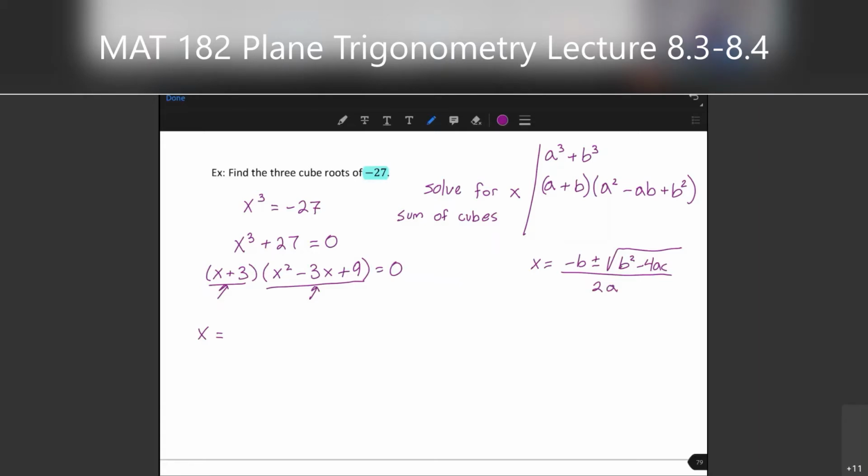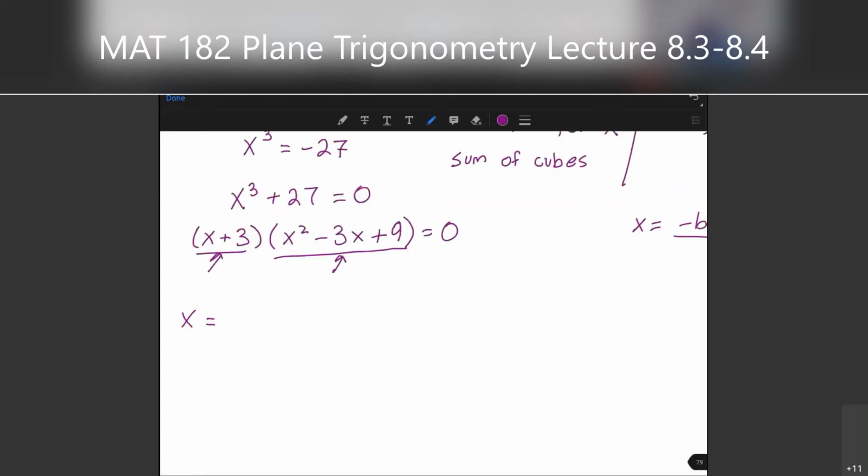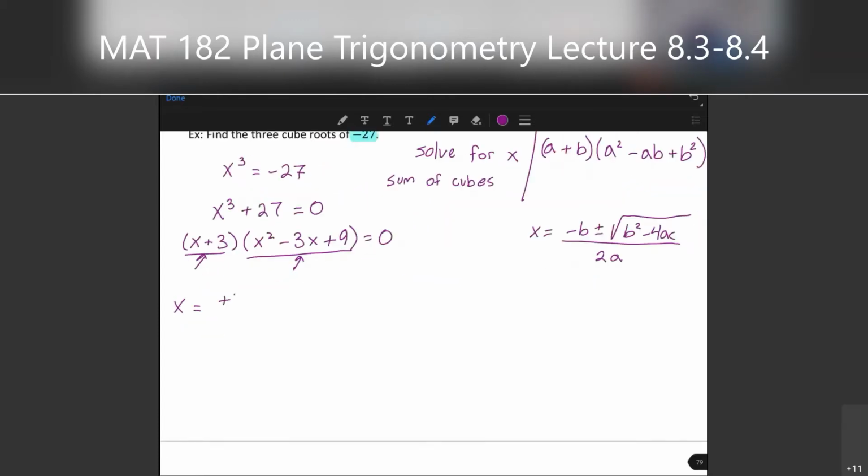So here our b is -3, so we'll have plus 3, and then plus or minus the square root of b squared, which is -3 quantity squared, minus 4, a is 1, and then our c is going to be 9 here. And divide by 2 times a, which is still going to be 2 times 1.